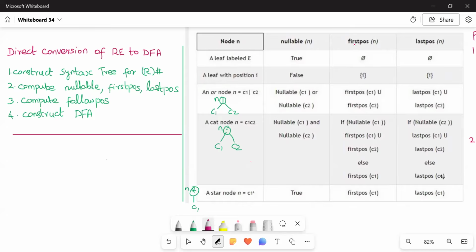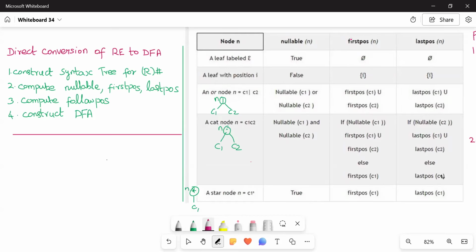Then we can find first position by following these steps. If a leaf is labeled epsilon, then there is no first position; first position of n is empty. First position means the first symbols generated by the particular node, and it must be terminal symbols.